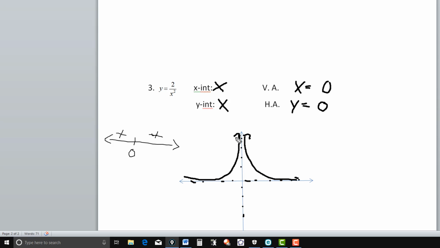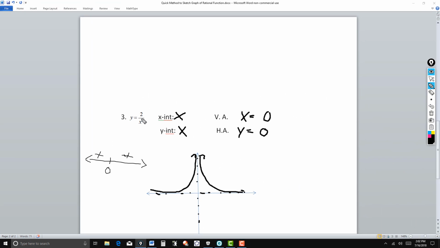It approaches the y-axis from the right and from the left, but the graph doesn't touch it. And it approaches the x-axis, as shown here, but the graph stays strictly above the x-axis. And we know it doesn't cross the horizontal in this case, because when y is 0, I don't get a solution for x. Okay. So again, those are the steps that you would go through to sketch the graph.